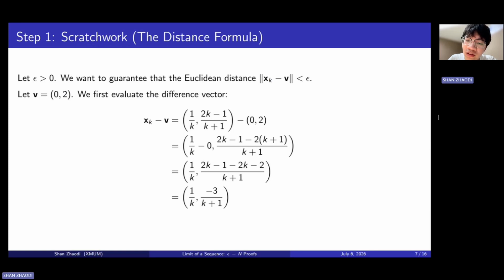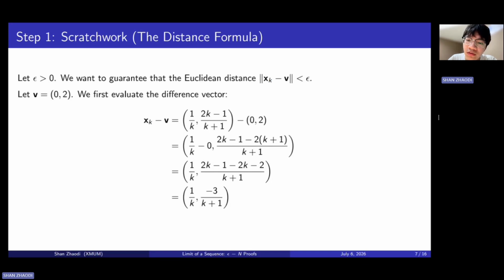Let's firstly begin with the scratch work. Let epsilon be greater than 0. We need to evaluate the difference vector between x_k and our limit v by subtracting (0, 2) from our sequence terms and finding the common denominator for the second component.